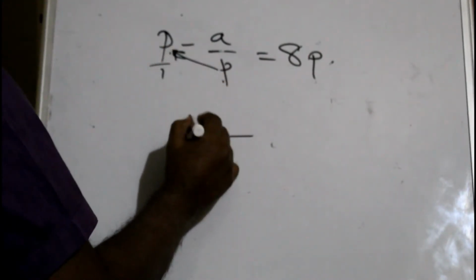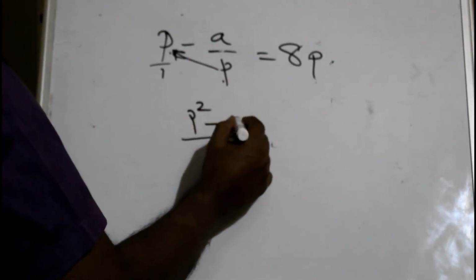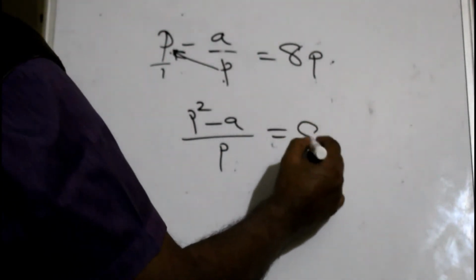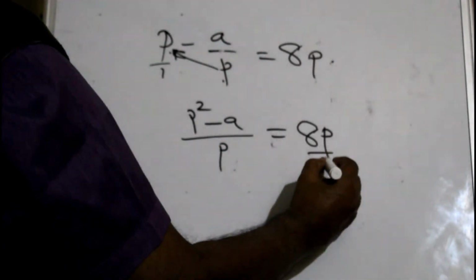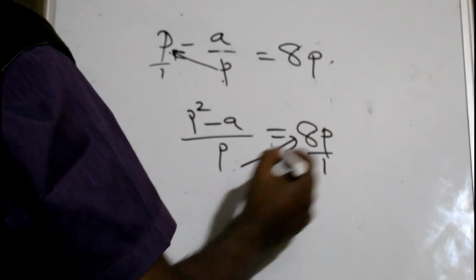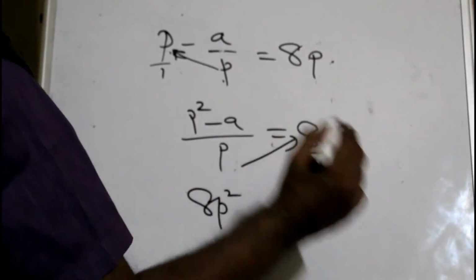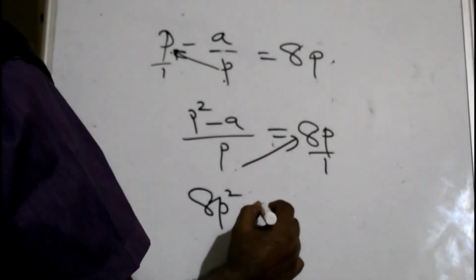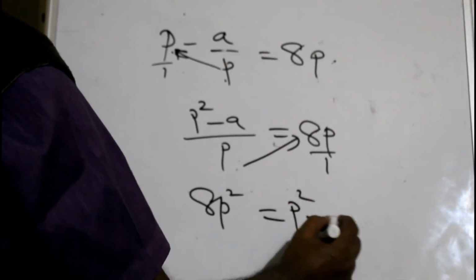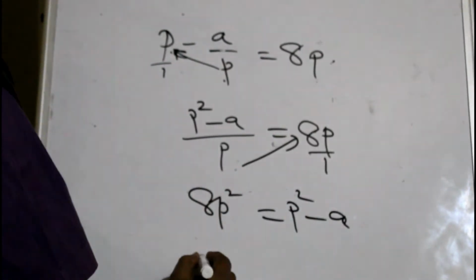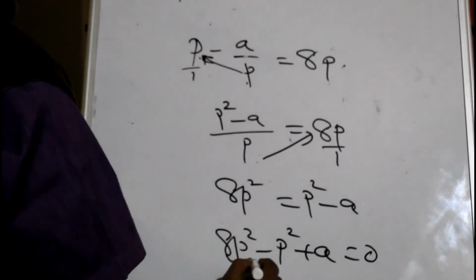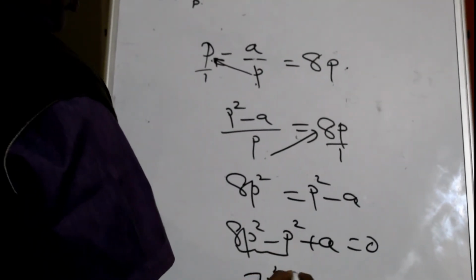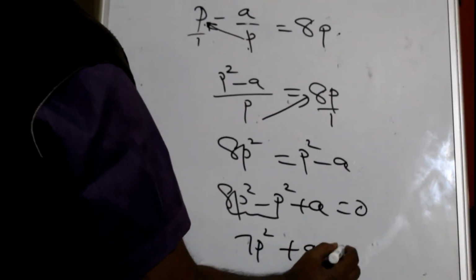It will become p square minus a equal to 8p, or you can write 8p by 1. When you cross multiply, you get 8p square equal to p square minus a. Bring all to one side. You get 8p square minus p square plus a equal to 0. 8p square minus p square is called 7p square plus a equal to 0.